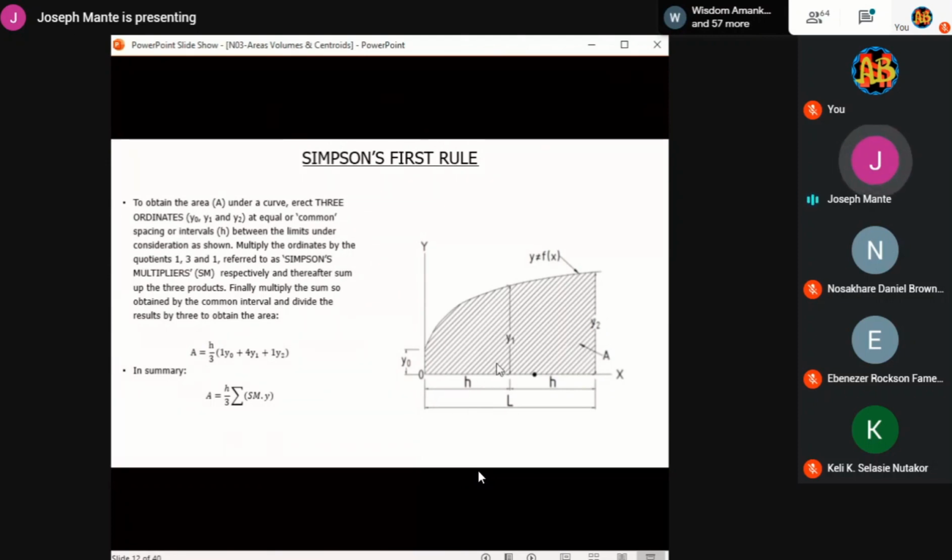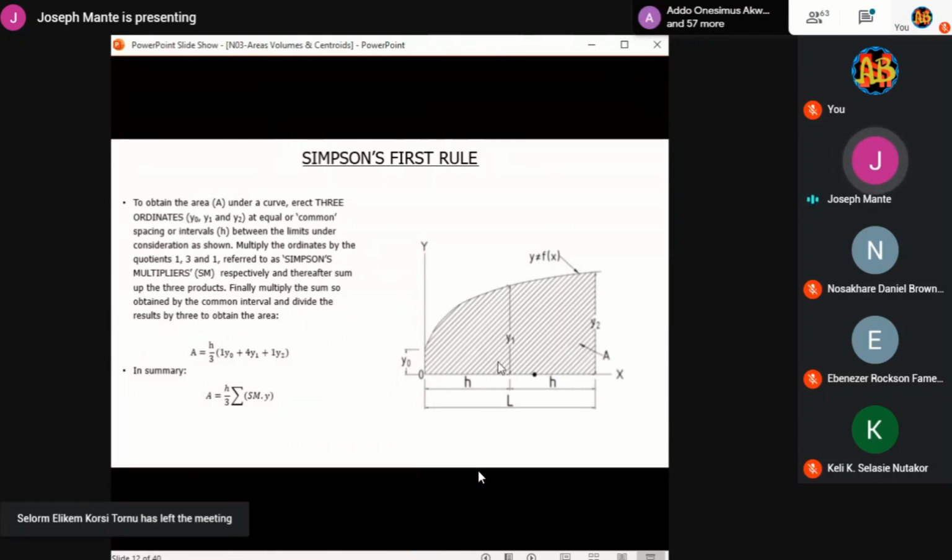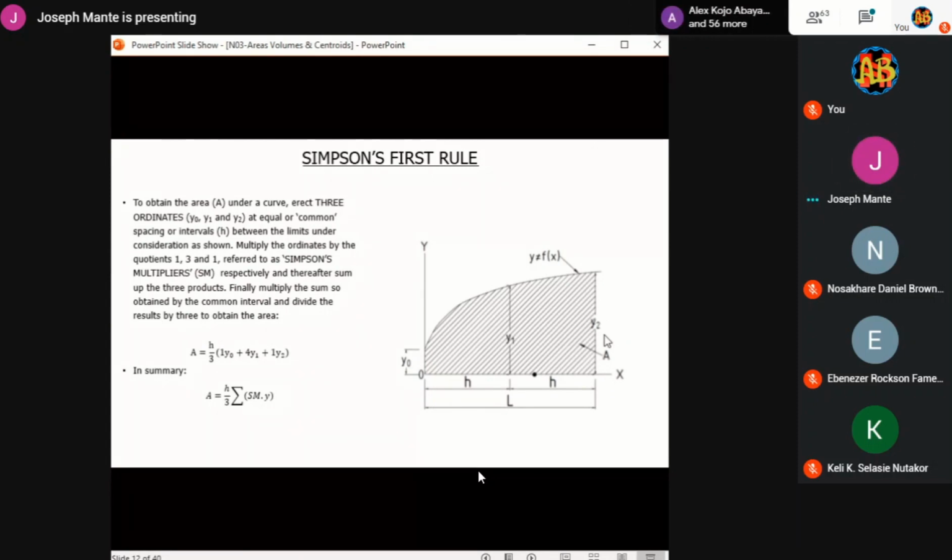If you have y1, you multiply it by 4. If you have y2, it's multiplied by 1. We have to prove a certain formula, but for this one, please go and learn how to prove Simpson's first rule. Multiply the ordinates by the multipliers 1, 4, and 1. Please, it's not 3, it's 4.